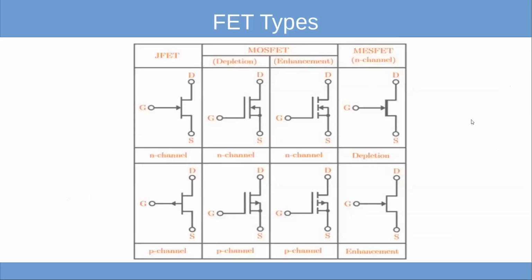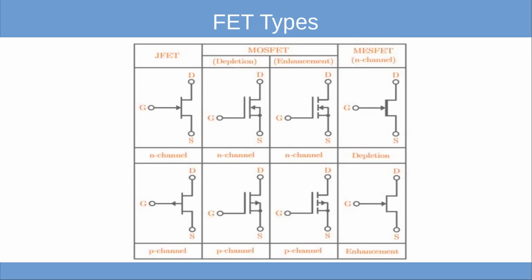Okay, so next we're going to talk about field effect, which are similar but different. Like I said, it's basically like a vacuum tube, and it's a voltage control device to control the current flow. We have lots of different types, even more than are shown here.